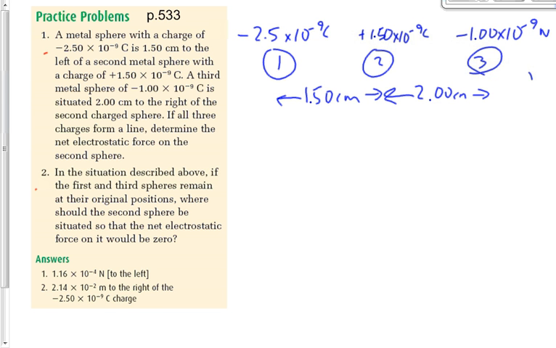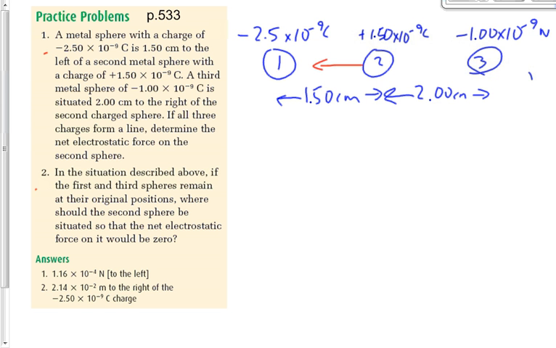So as we do that, let's pretend object 3 isn't even there. Let's just look at object 1 and object 2. They attract each other, because they're opposite charges. If they attract each other, number 2 is going to be pulled to the left, as a result of being attracted to number 1. Now, number 1 moves to the right, but we're not looking for the force on number 1, so we're not going to pay attention to that. 3 and 2, that's an attractive force.